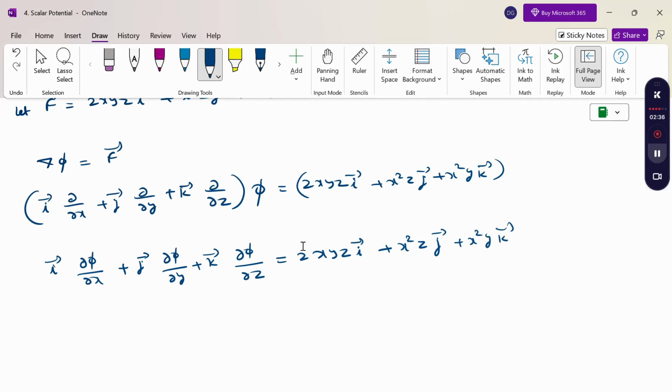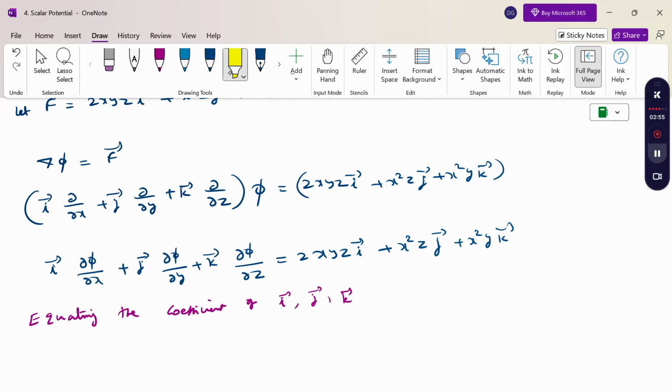Now equating the coefficients of i vector, j vector, k vector.